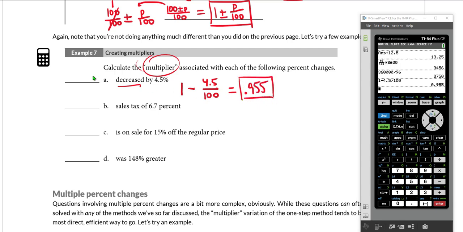Now, some of you might be able to do this even more quickly, 0.955, by simply using this sort of a process here.